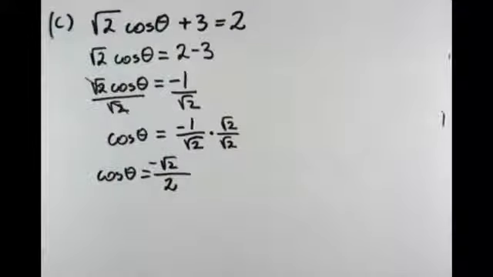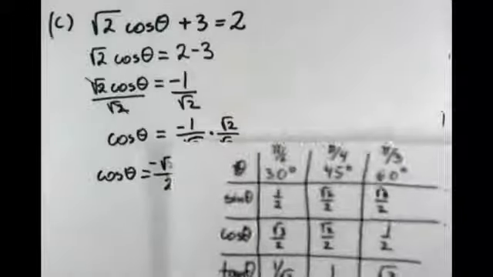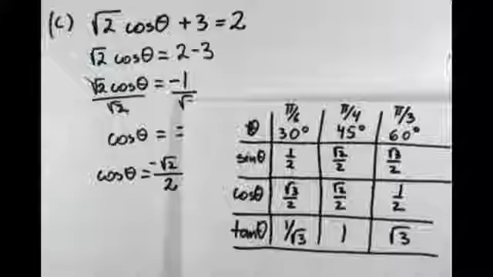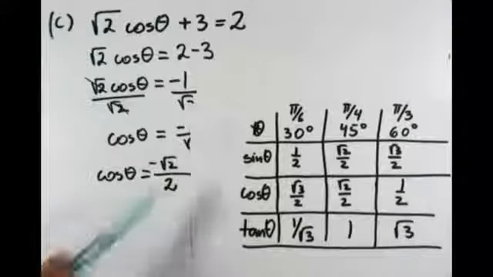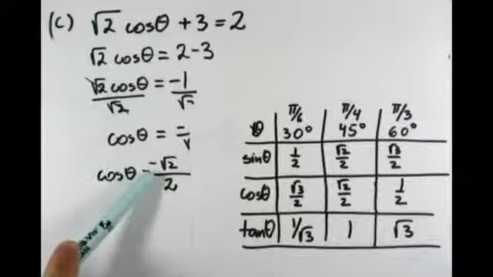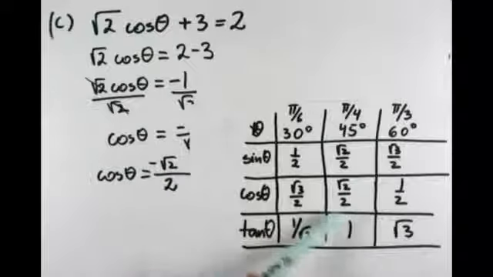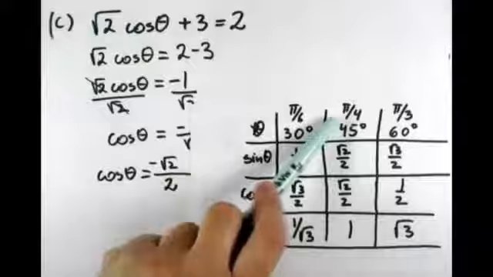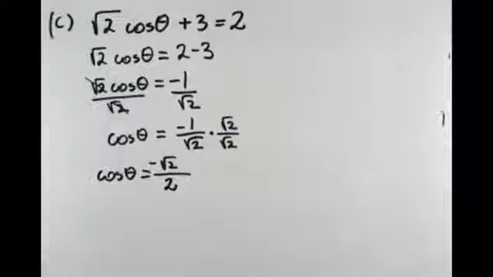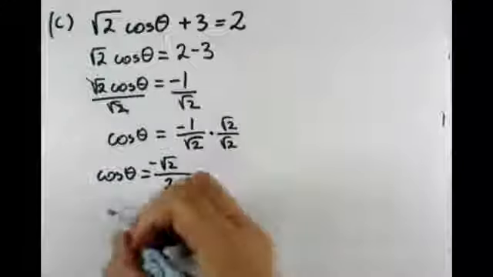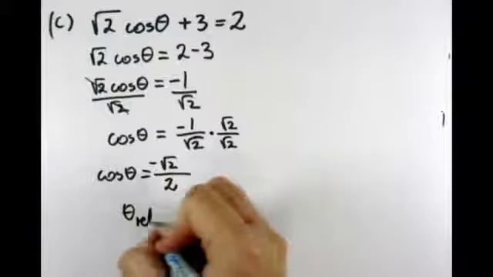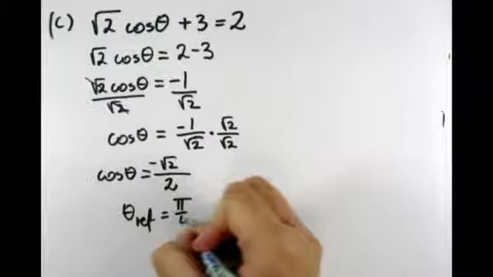Now I can look into my chart and find the reference angle. Cos theta is equal to root 2 over 2. We don't worry about the minus. The minus, we use to get the quadrant. So root 2 over 2 cos is pi over 4. So my theta reference is pi over 4.